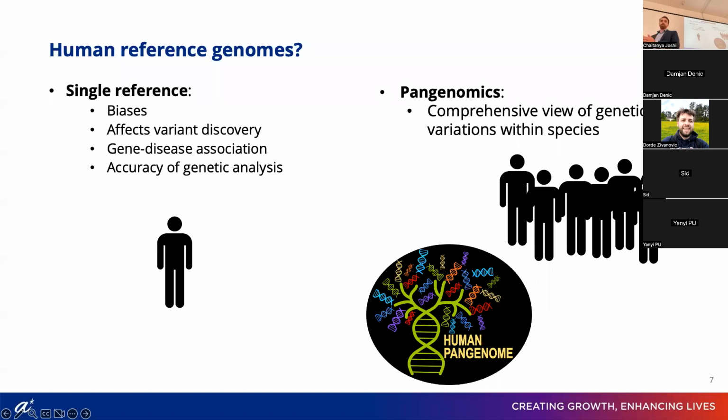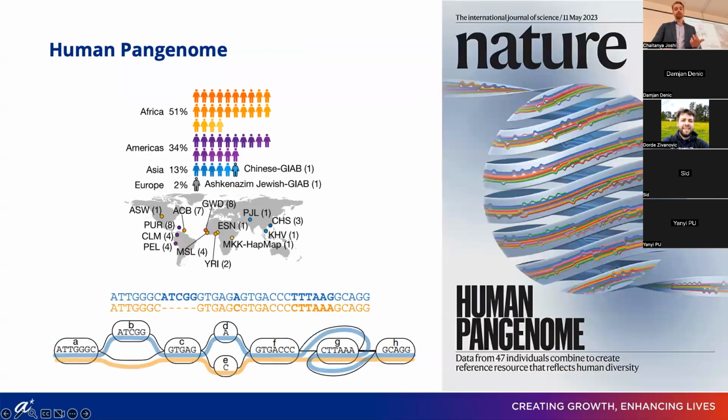So the field is going towards not doing analysis just on this single genome that we have, but on assembling genomes of multiple people, as many as possible, in fact, of different ethnicities. That would give us a much more comprehensive view of genetic variations within the human species.